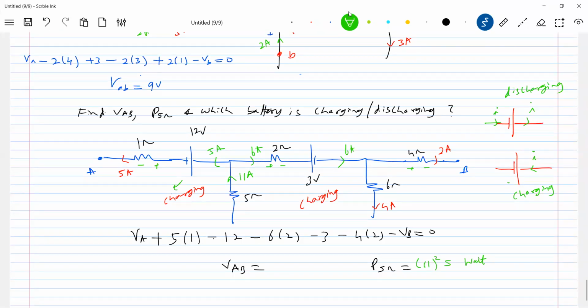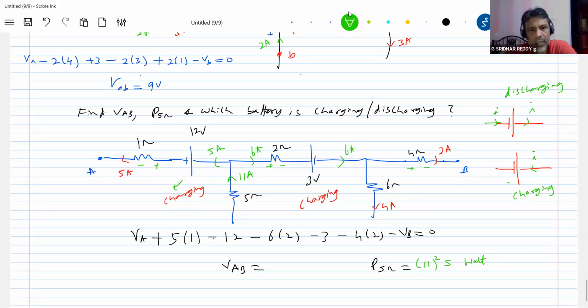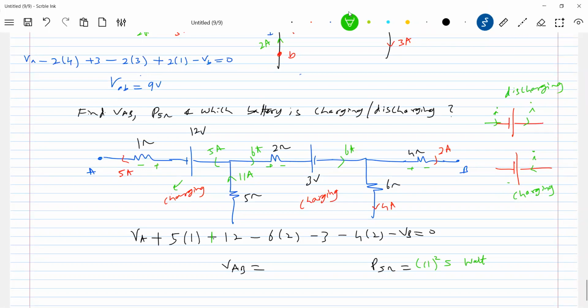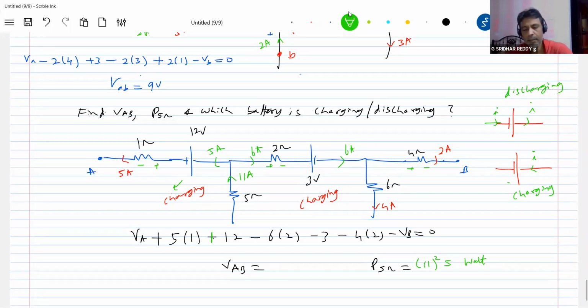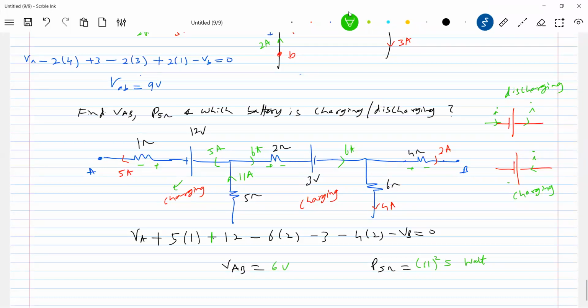It should be plus 12 here. So plus 12 minus 6 into 2 minus 3 minus 4 into 2 minus VB. Yes, VAB is 6 volt.